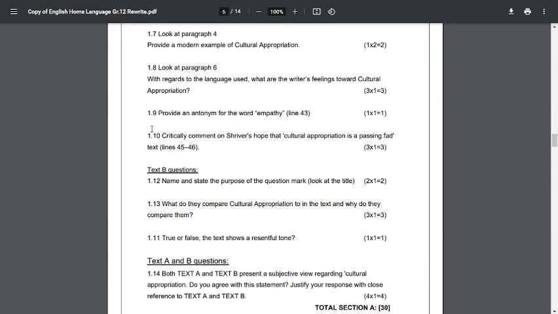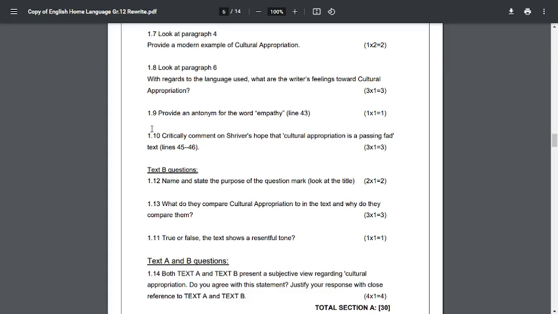So you are going to write, I do not agree with this statement, or you're going to just essentially write something about it to show us that you can understand what it is and how it fits into the context of the whole letter. So say, perhaps because of the rest of the writing, you do not agree with it because of X and X and X. Because, let's say, cultural appropriation is not just a fad, it's something we have to be sensitive about.